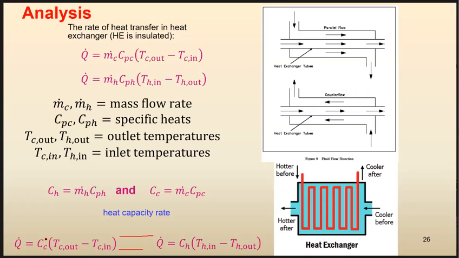It tells us that if the heat capacity rates at the cold side and the hot side are equal, since these two equations are always equal, the temperature difference at the cold side and the temperature difference at the hot side must be equal, right?